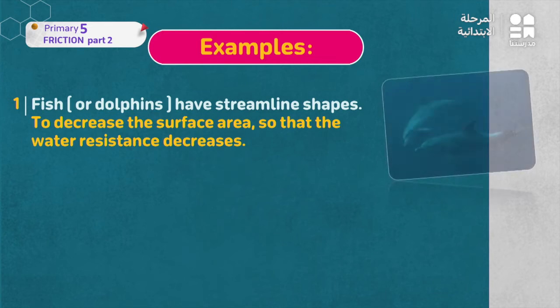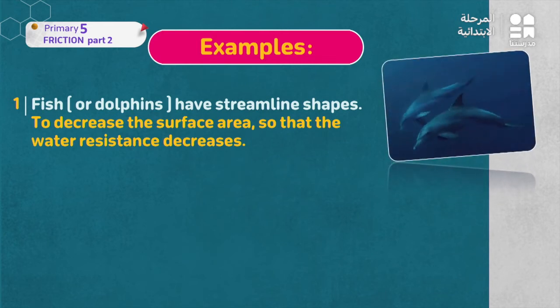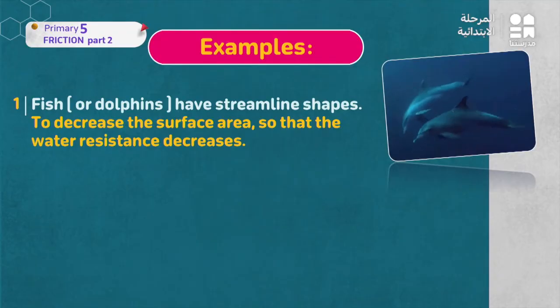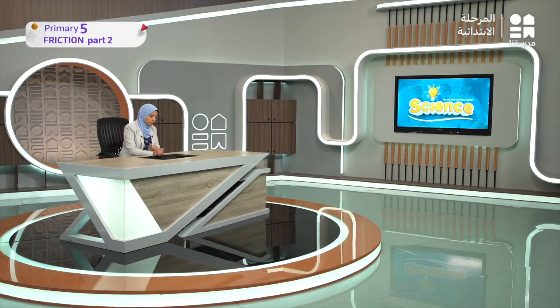طيب تعالوا دلوقتي ناخد ال examples. The fish or dolphins have streamlined shapes. عرفنا يعني streamlined shape. طب ليه بتبقى عندها streamlined shape؟ عشان تقلل ال surface area. طب لما تقلل ال surface area اللي بيحصل ال water resistance هتقل فبالتالي يقدر يتحرك in a high speed. يبقى هنا to decrease the surface area so that the water resistance decreases. طيب.